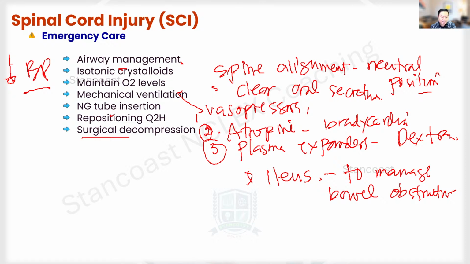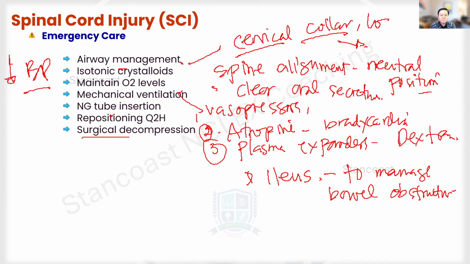We'll put that over here. Cervical collar to neutralize the position. That's right there, okay? Cervical collar, and yeah, thank you, Mariama. Log rolling is another technique that should be used whenever a patient has spinal cord injury. Log rolling, moving the patient as one unit.